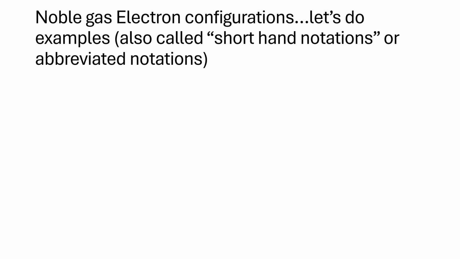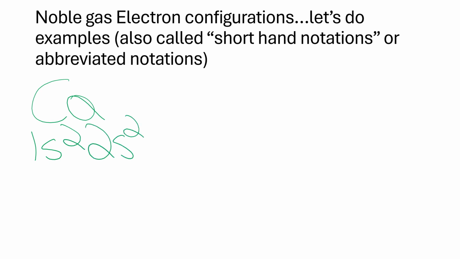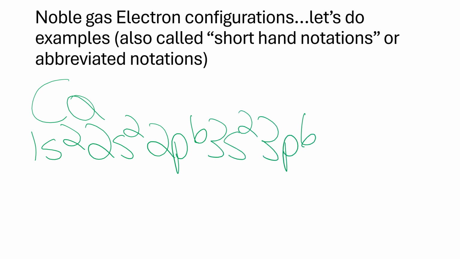So now let's do some examples. This is calcium. Normally it's 1s2, 2s2, 2p6, 3s2, 3p6, 4s2. And these are annoying. So I'm going to look for the last noble gas.